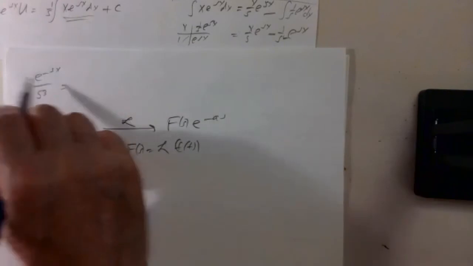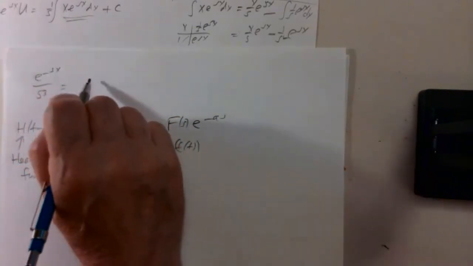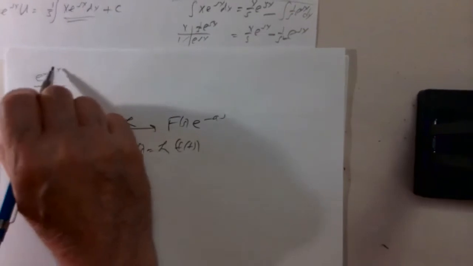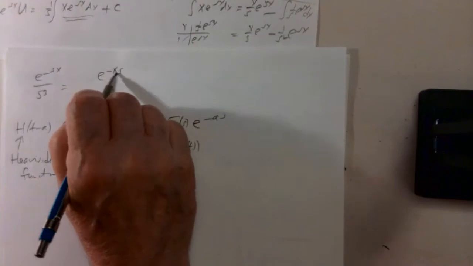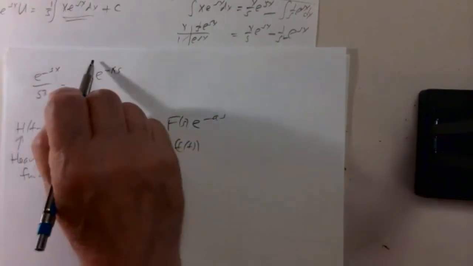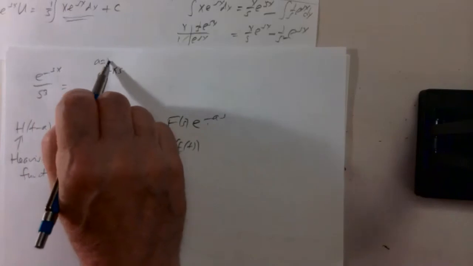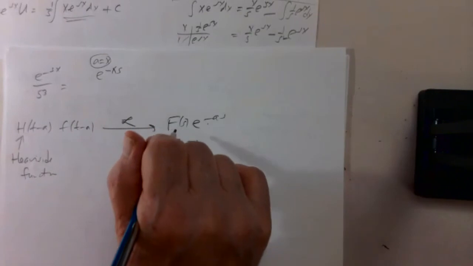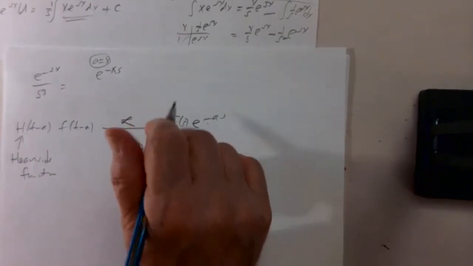Now over here we have e to the minus sx. So this is like e to the minus xs. So the x is like the a. So a is equal to x. And F of s is 1 over s cubed.